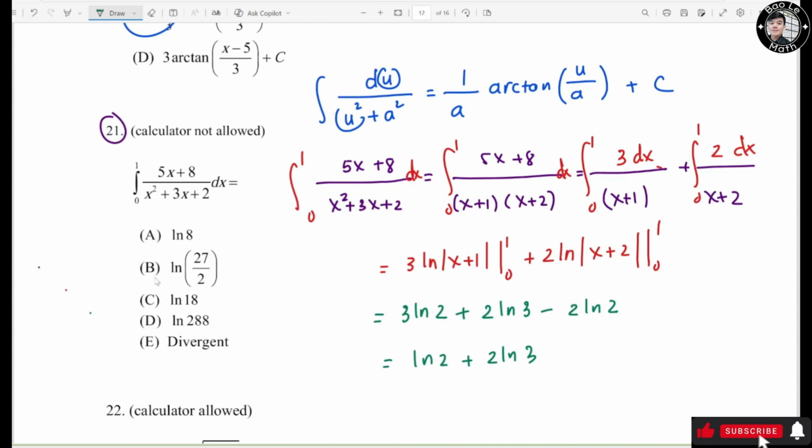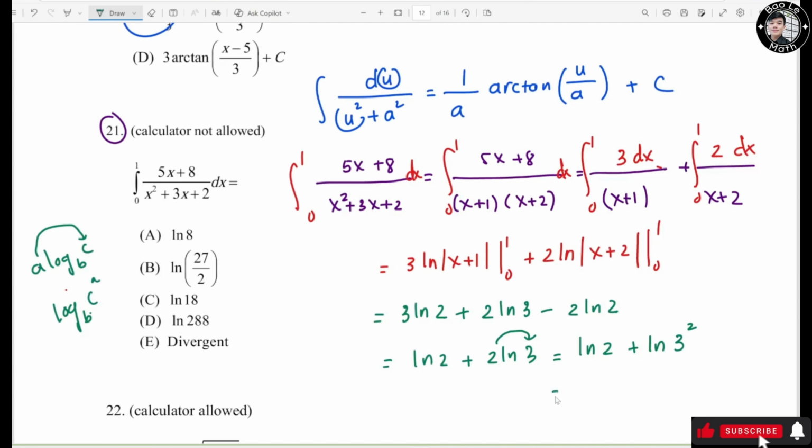Now we look at the answer chart right here, and we don't see it. So we need to manipulate the log a little bit. So we have ln 2 plus ln of 3 squared. You can bring the 2 back over here. Remember, we have a log base b of c; you can bring a back over here, so it could be log base b of c to the power of a.